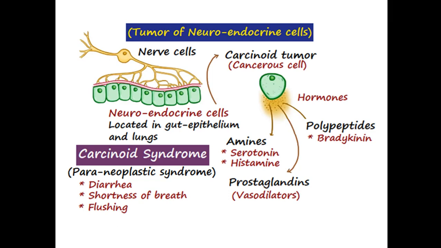Now these neuroendocrine cells will be hyperactive, they will secrete excess hormones, and as we know the amines secreted by the neuroendocrine cells include serotonin, which has effects in the gastrointestinal tract by causing diarrhea due to increased motility and peristaltic contractions of the gastrointestinal tract.